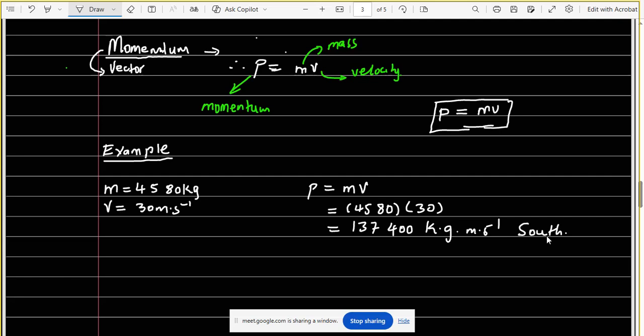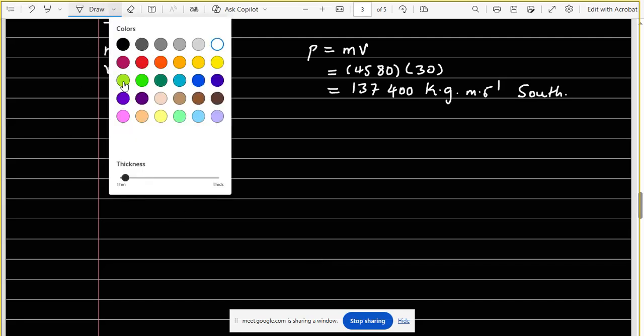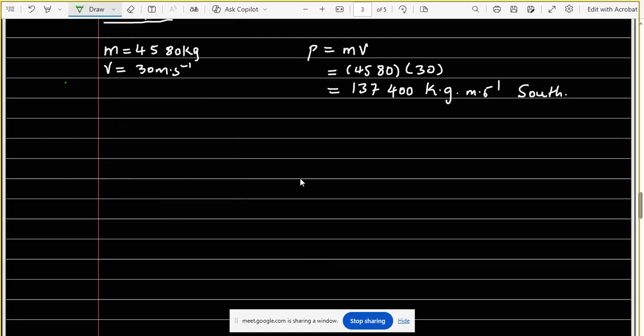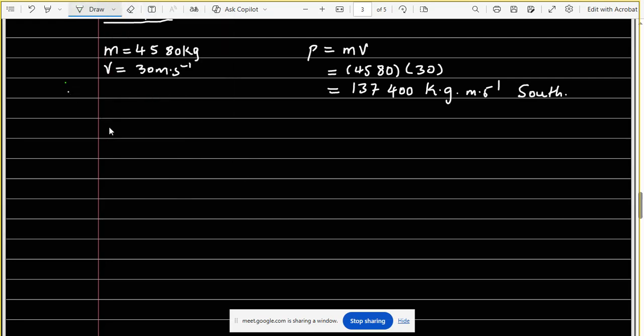Right. Now that you understand momentum, as we work on past papers, you need to know how the change in momentum works. When we say the change in momentum, let's say a moving object collides with another object.